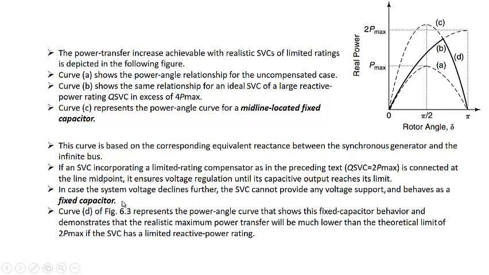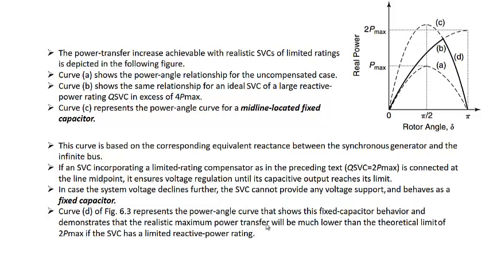So why does this happen? You might be confused about why it will act as a capacitor, why not an inductor? Because in almost all cases, we are transmitting power which is greater than the surge impedance loading.